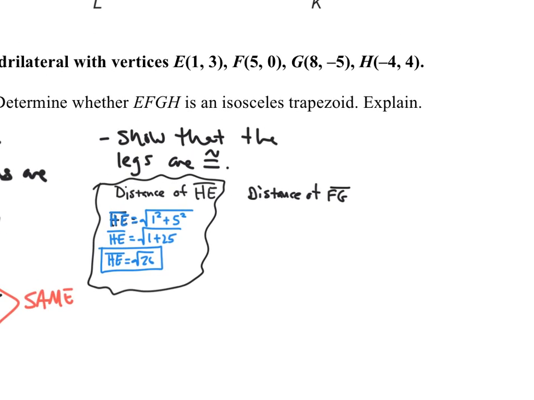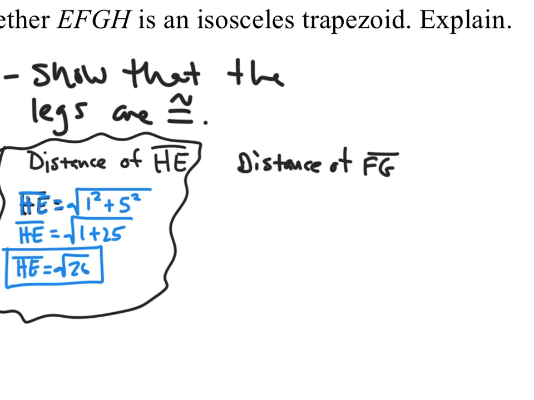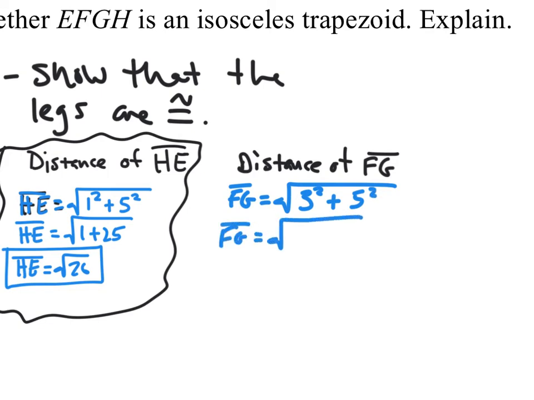We already kind of know that they aren't the same, but let's calculate it. FG is equal to the square root of 3 squared plus 5 squared, which is the square root of 9 plus 25. That gives me the square root of 34.